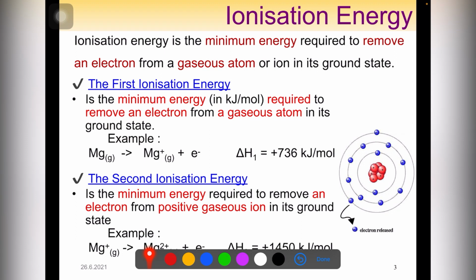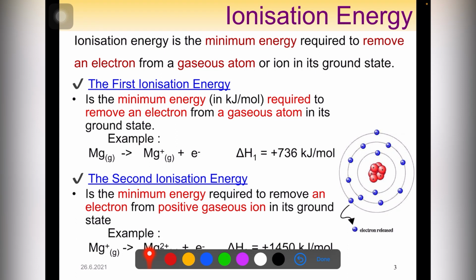The second ionization energy refers to the minimum energy required to remove an electron from a positive gaseous ion. Because the stable ion for magnesium is Mg2+, to remove these two electrons, it will remove them one by one.